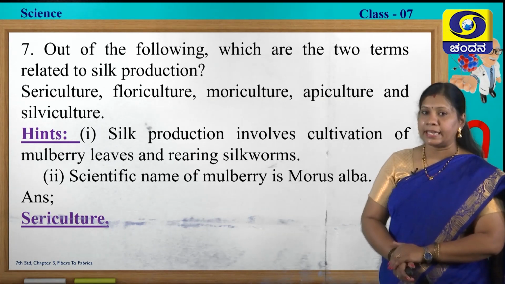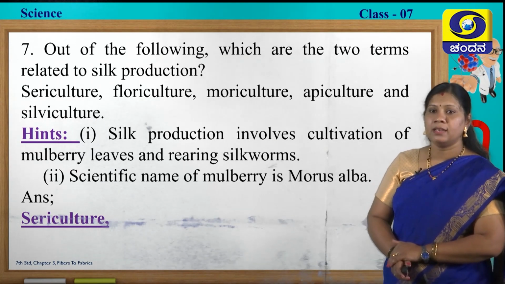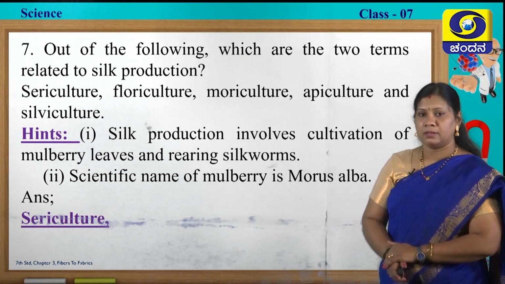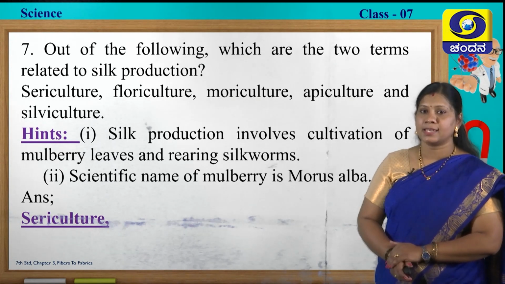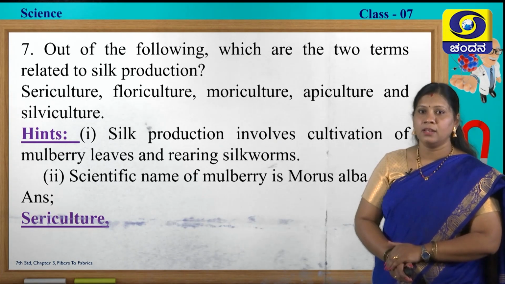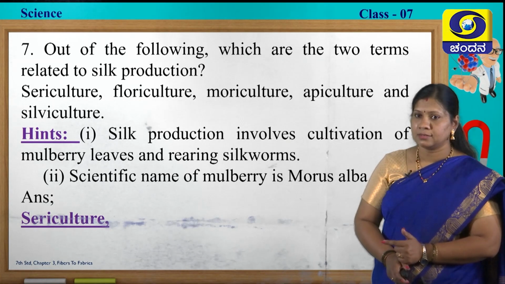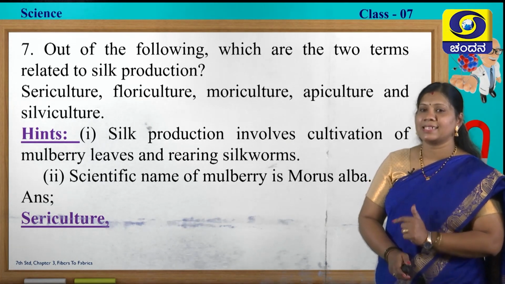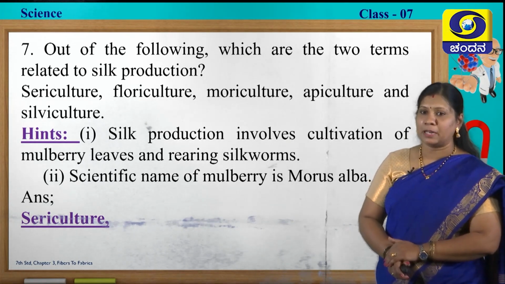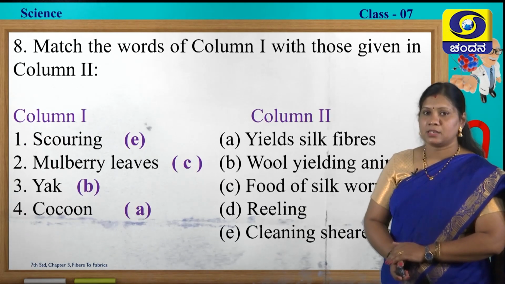That is why in the second hint they have given the scientific name or botanical name for mulberry, Morus alba. So now you can easily answer which one will be the second one. Sericulture we got the answer; whether it is floriculture, no, moriculture, yes exactly, because the scientific name of mulberry is Morus alba. So, the second answer will be moriculture.